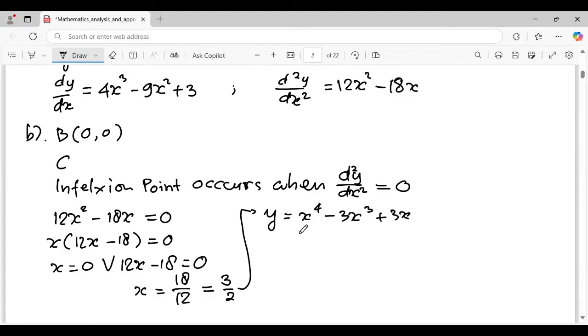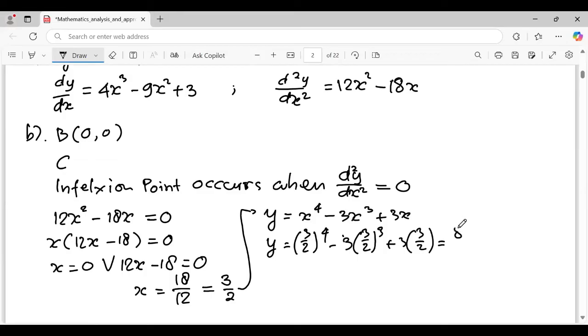That will be 3 halves power 4 minus 3 times 3 halves cubed plus 3 times 3 halves.